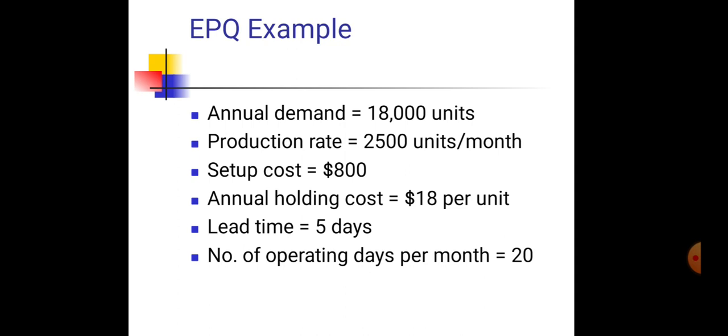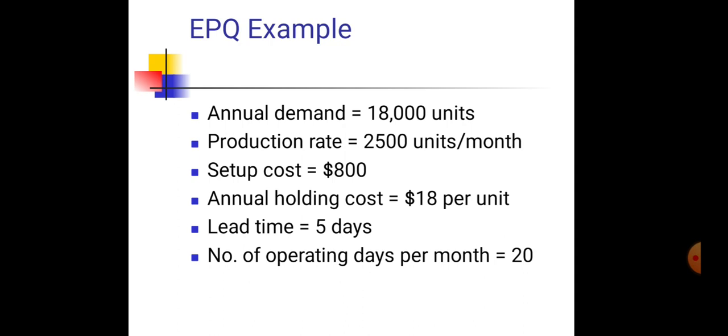So for 1 month this is the production, for 6 months that is 15,000, and per year 30,000. Production per year is 30,000, while demand is 18,000.